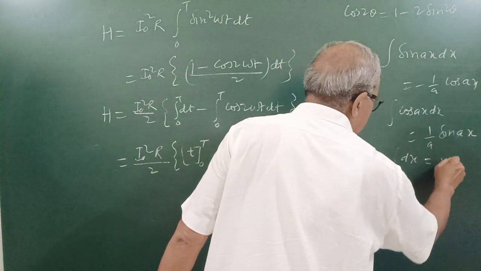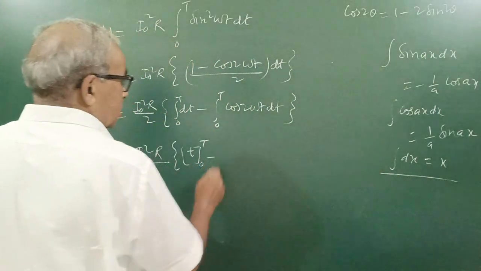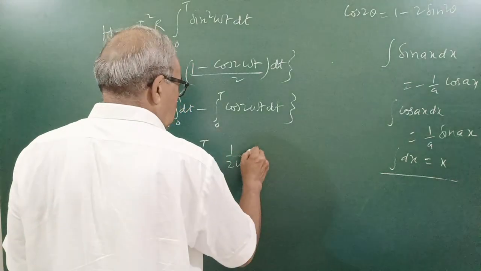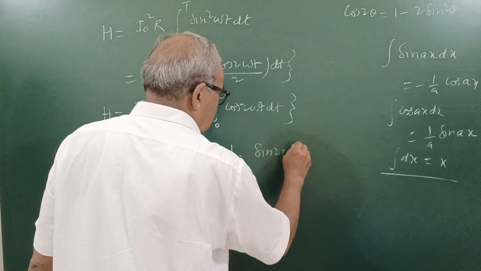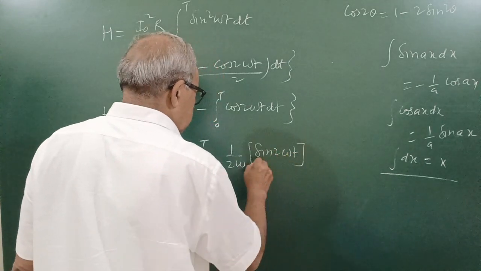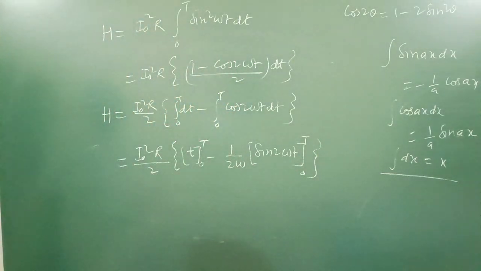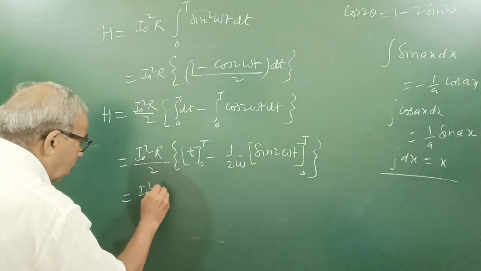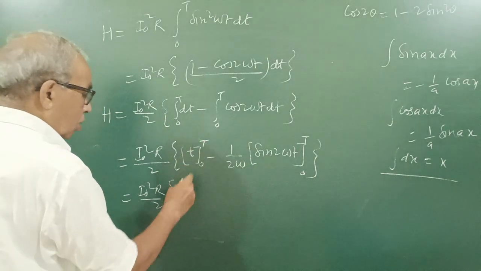Bio students, please learn this thing. Or minus 1 upon 2 omega sin 2 omega t from 0 to T. I0 square R by 2, the upper limit minus lower limit, so the first term is T.